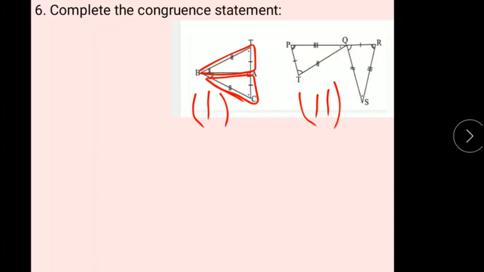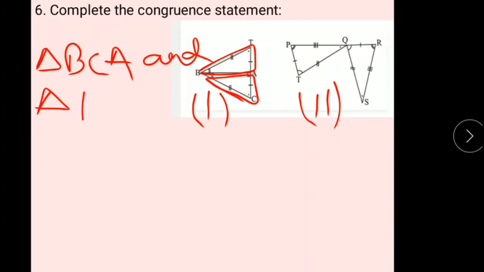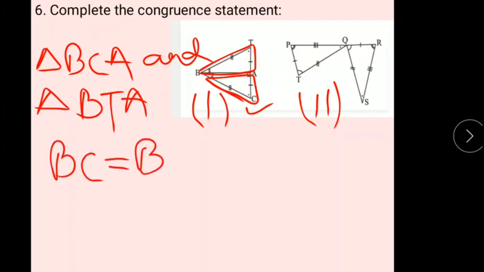Okay, so we are going to consider two triangles, that is triangle BCA, which I have already shown you, and triangle BTA. Okay, so you can see in the figure clearly that in triangle BCA and triangle BTA, BC is equal to BT.